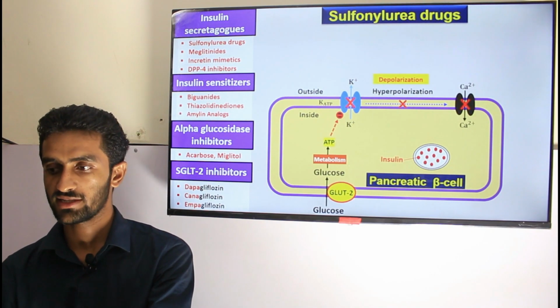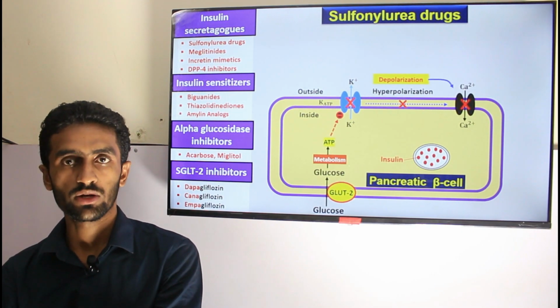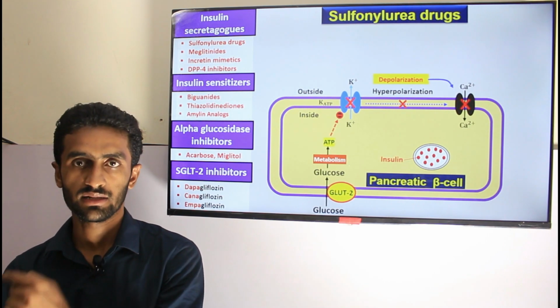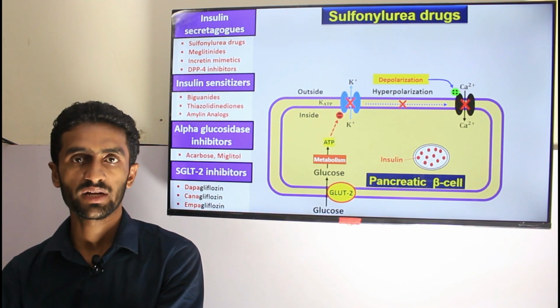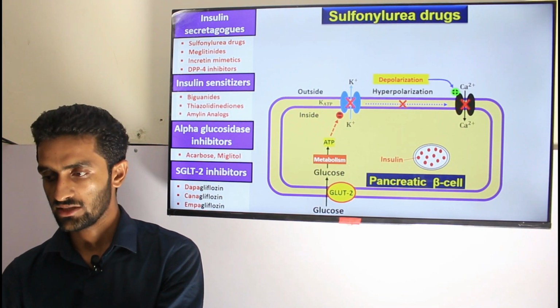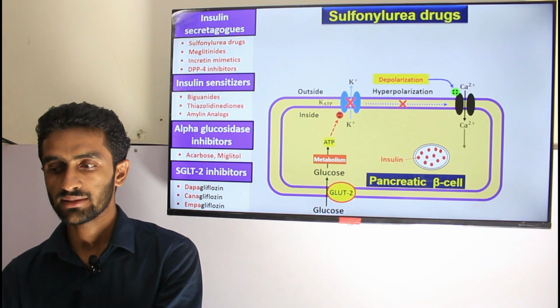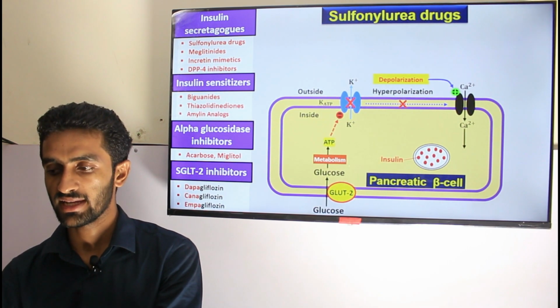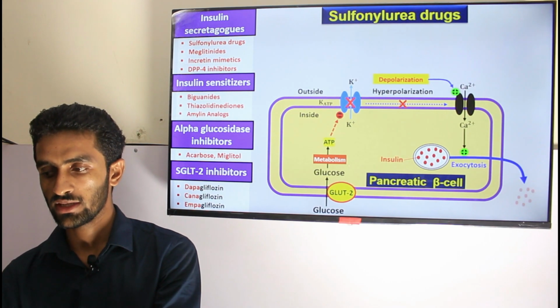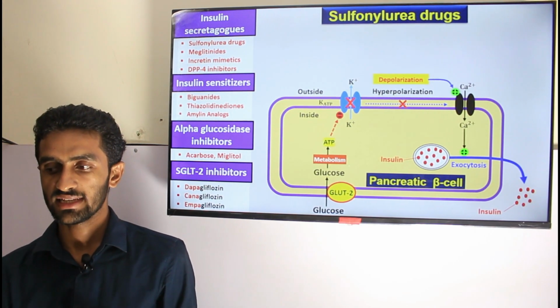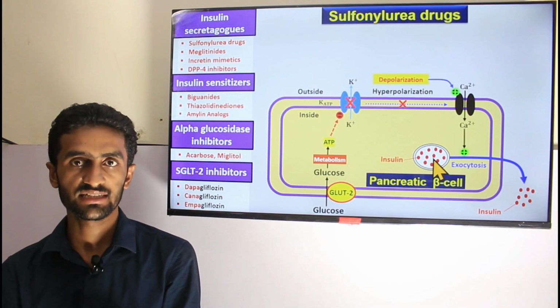This causes depolarization, which stimulates the opening of the voltage-gated calcium channel, so calcium entry occurs. This calcium entry is responsible for the exocytosis of insulin. In this way, calcium is responsible for the release of insulin.